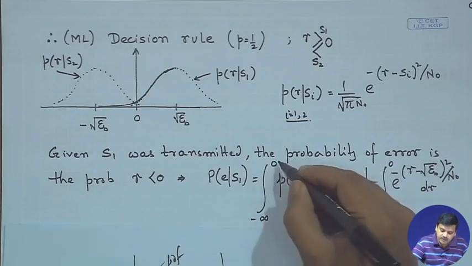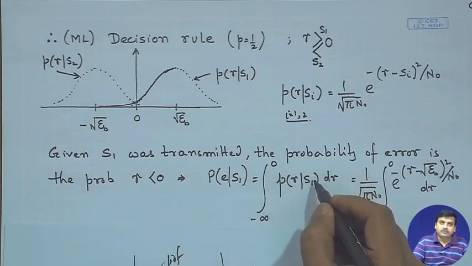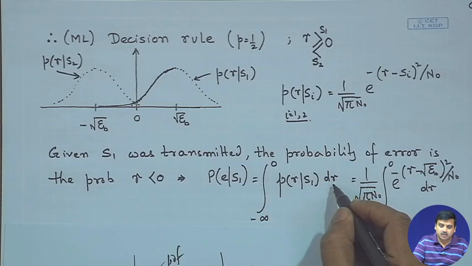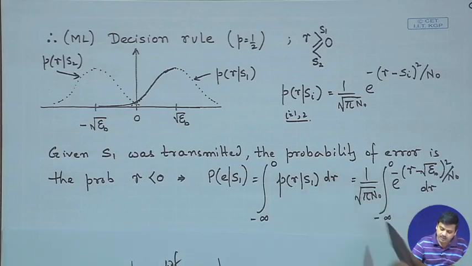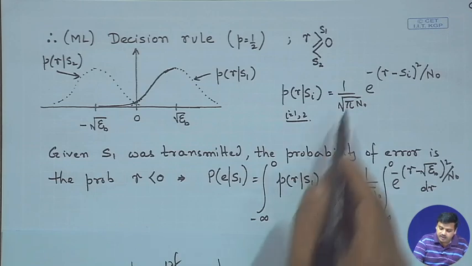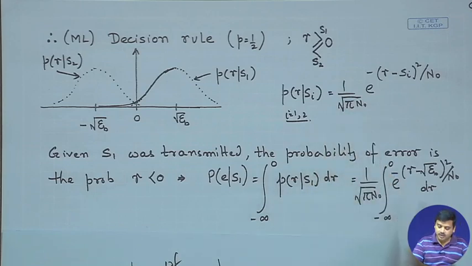So, we have minus infinity to 0, the conditional PDF P of r given S1, over dr, because r is the received value in case it is one dimensional over here.